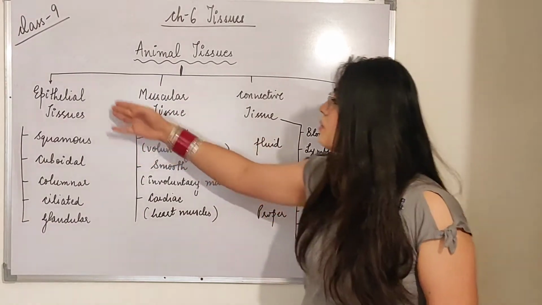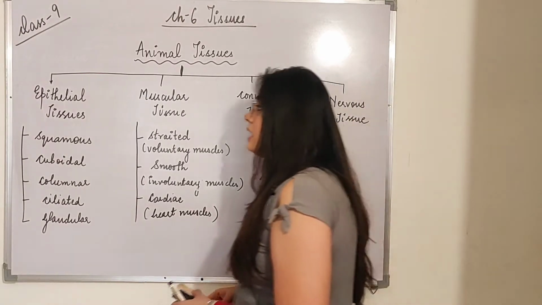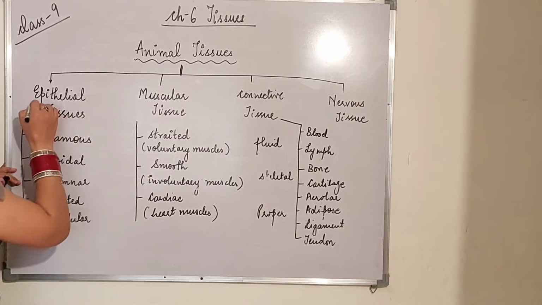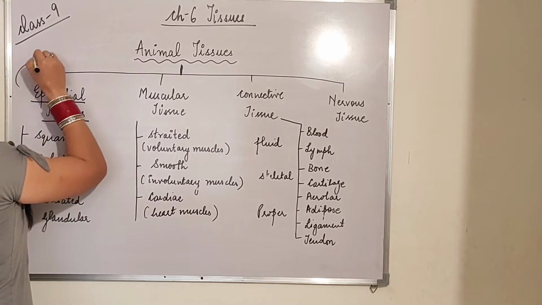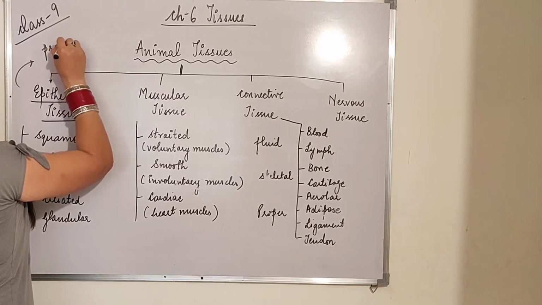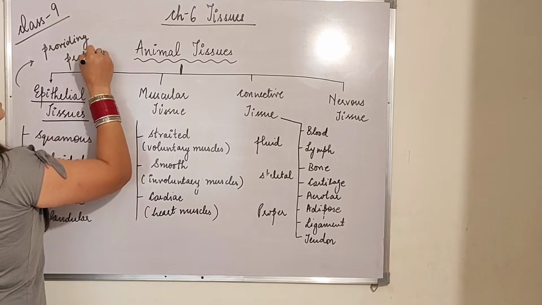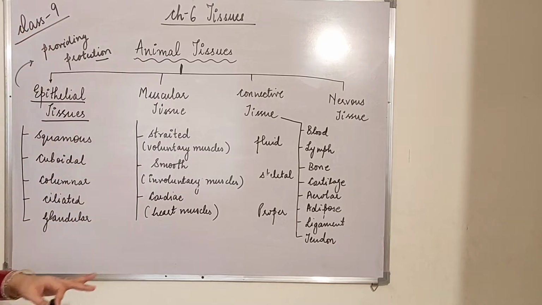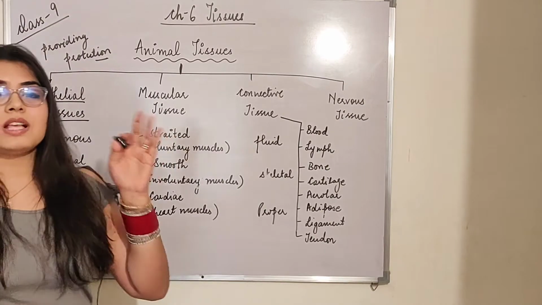So let's get started with the epithelial tissue. What is the meaning of the term epithelial? Epi means outer, the outer part or the outer covering. So epithelial tissues are the tissues which are providing protection. The entire animal body has epithelial tissues, and these epithelial tissues have a major function.